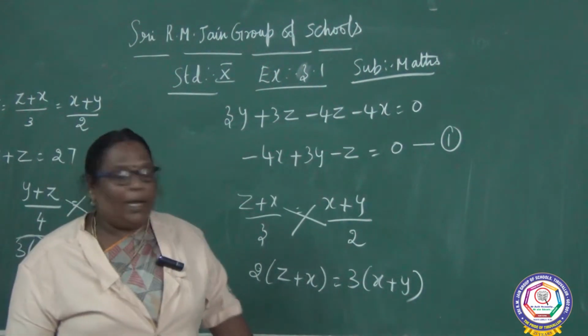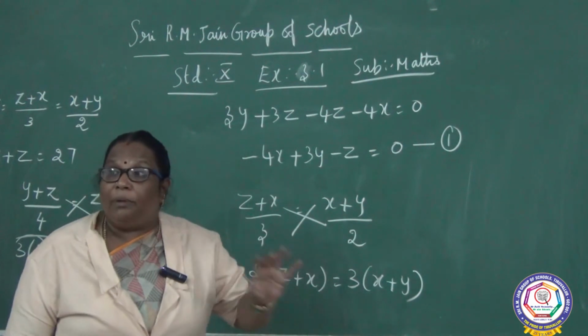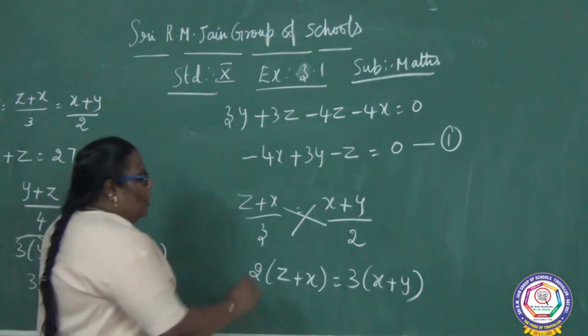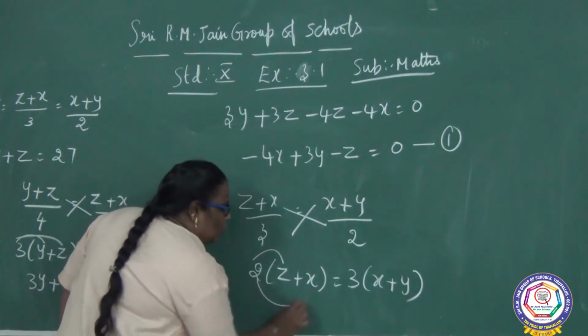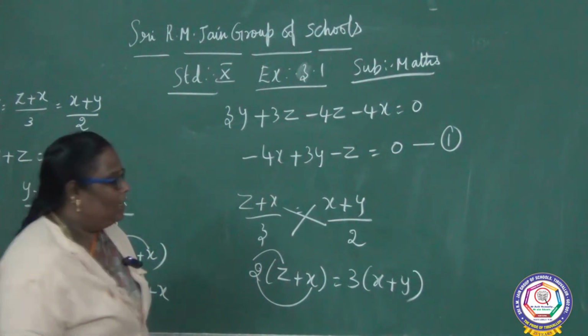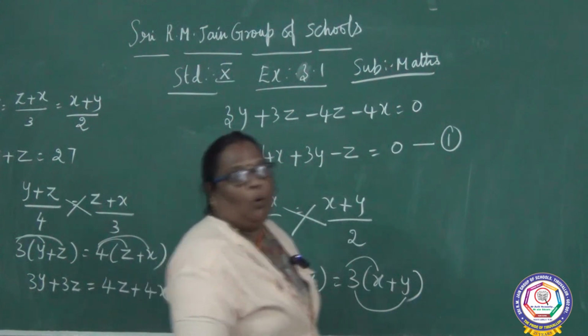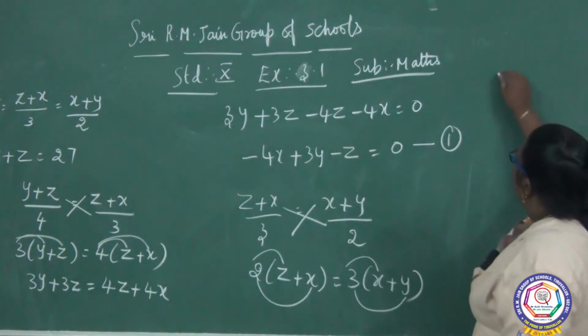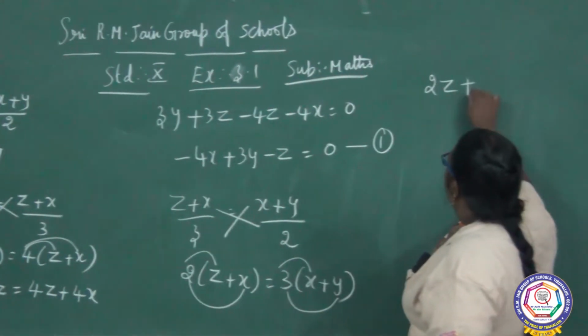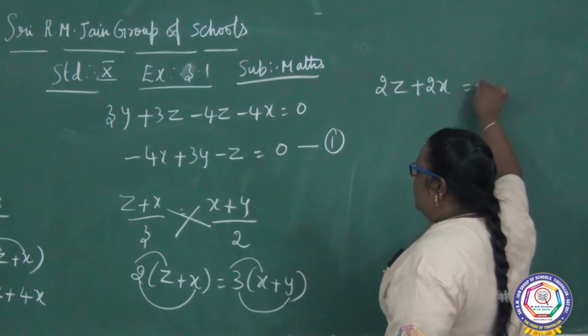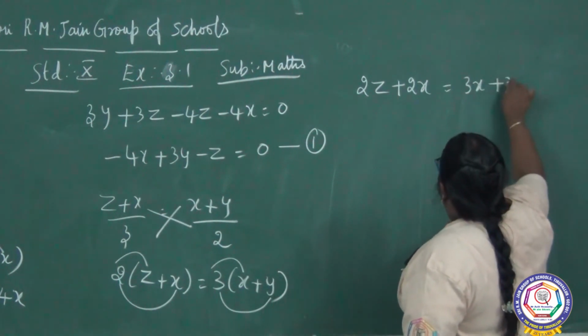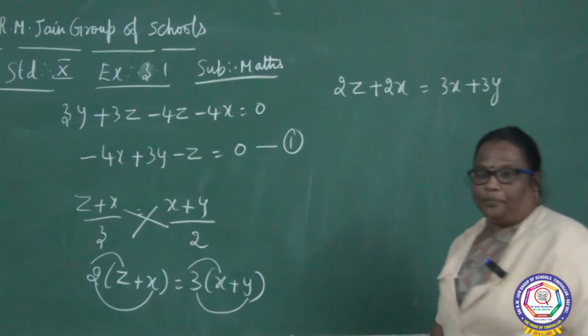When we multiply 2 inside, you multiply both the terms: 2 into z and 2 into x. The same way 3 into x and 3 into y. See here, 2z + 2x = 3x + 3y.